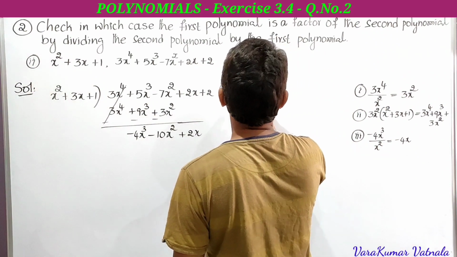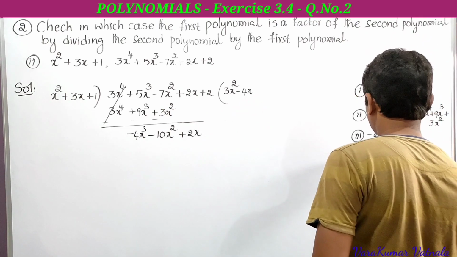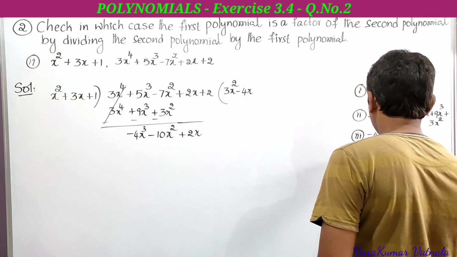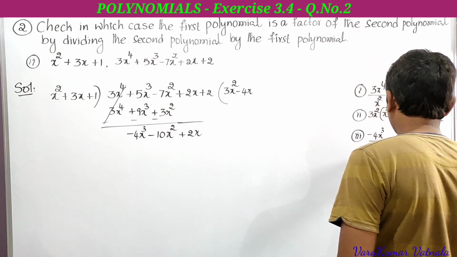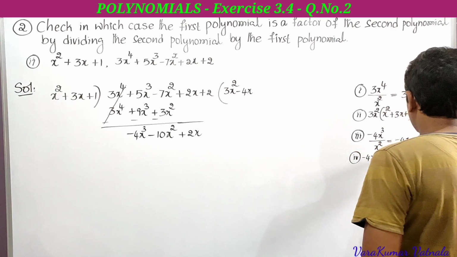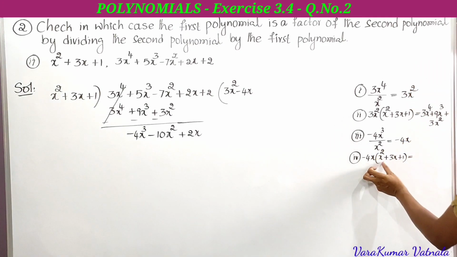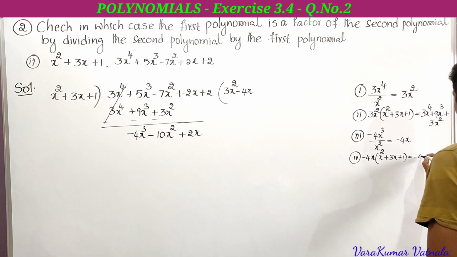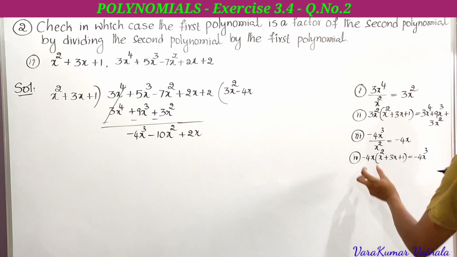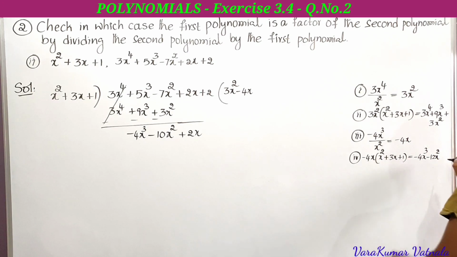In the next step, multiply the divisor with minus 4x. So I am multiplying minus 4x into x square plus 3x plus 1. Minus 4x into x square is minus 4x cube, minus 4x into plus 3x is minus 12x square, and minus 4x into plus 1 is minus 4x.